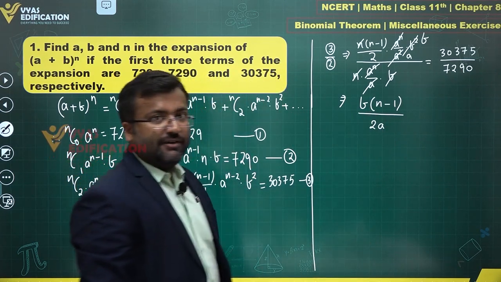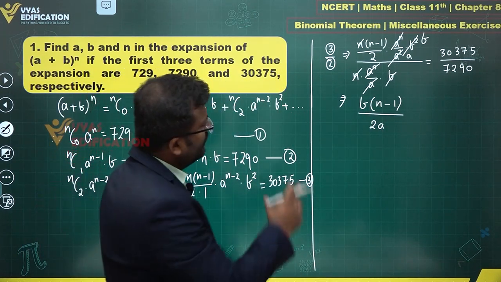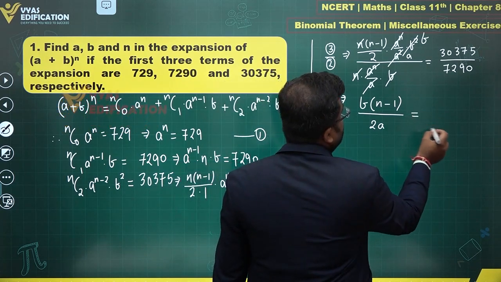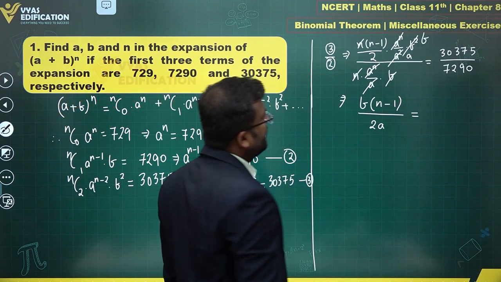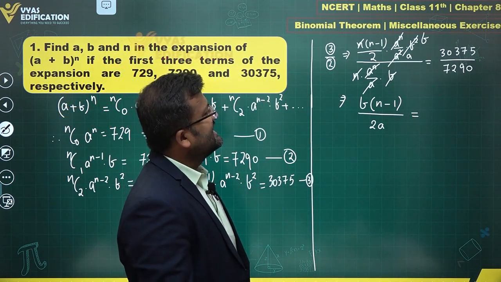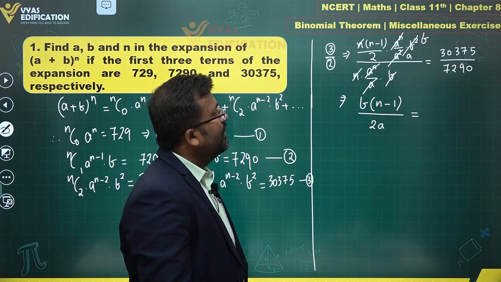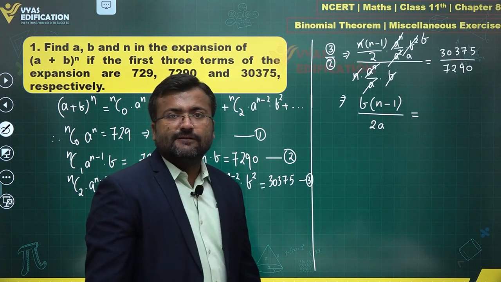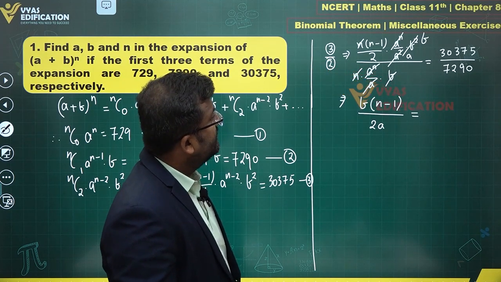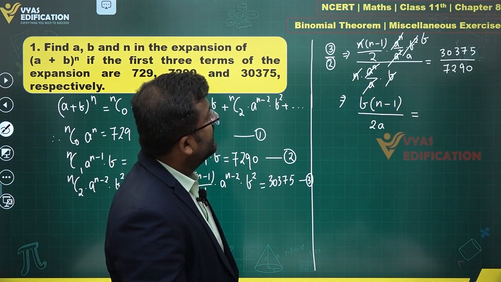This remains, right? Which is equal to that expression over here. What is this expression? This is 30375 upon 7290. Will it get cancelled? 7290 and this. It may get cancelled, but what do we have over here? Let's see.